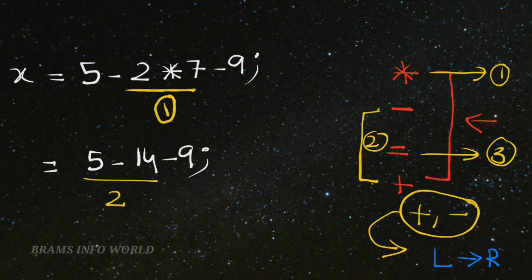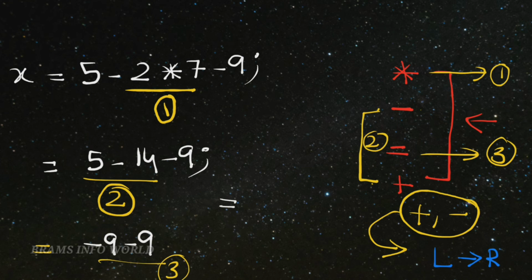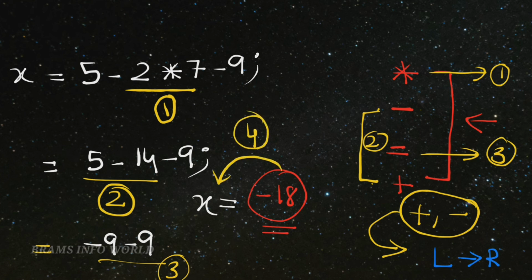So this is the second operation: 5 minus 14 means minus 9. Again minus 9, so this is the third operation. Ultimately the result is minus 18. One more point to observe is the x value: this minus 18 is stored into x. This is the last precedence, the assignment, which is right to left associativity for the fourth operation.